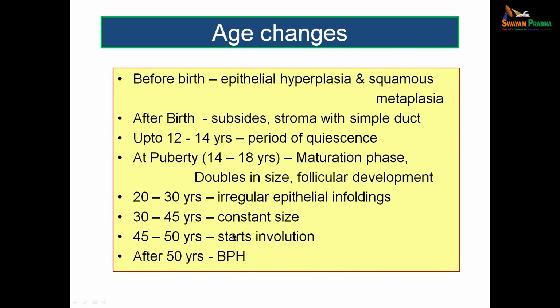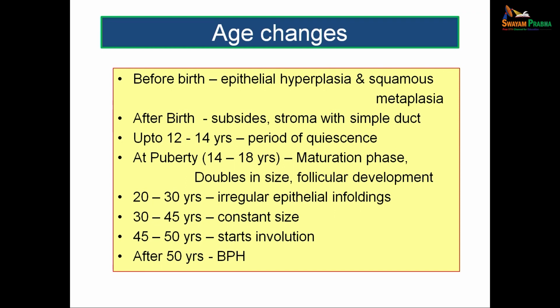Next, looking on to the age changes of the prostate. Before birth, you find epithelial hyperplasia and squamous metaplasia in case of prostate. This is due to the effect of circulating maternal estrogen. After birth, it subsides and the stroma is filled with simple duct system.